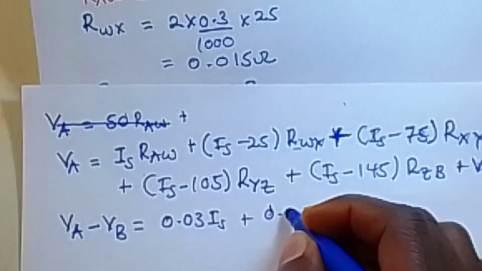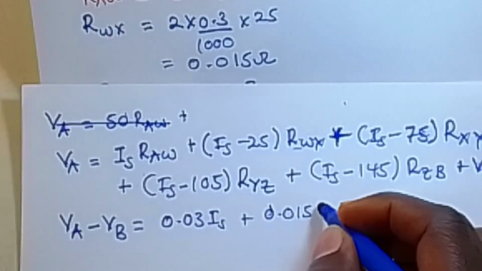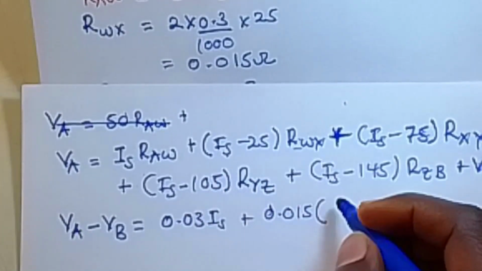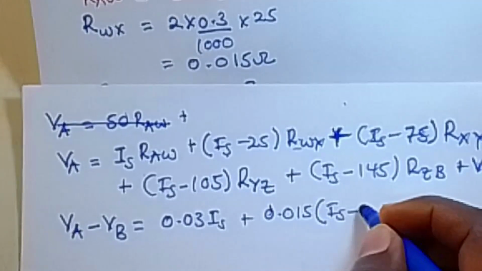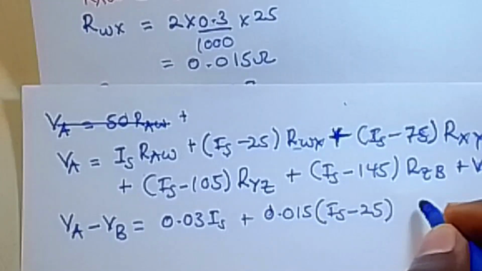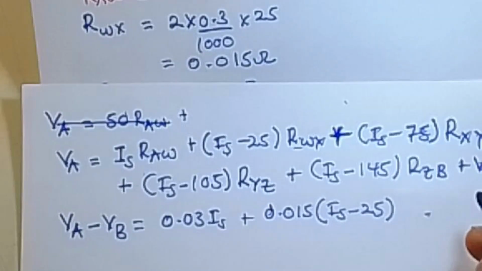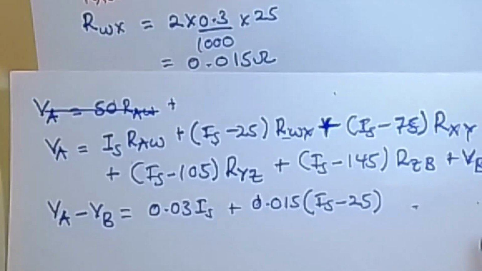It is 0.015 times what is in this bracket, which is IS minus 25. So we keep on doing the same for all the remaining values.